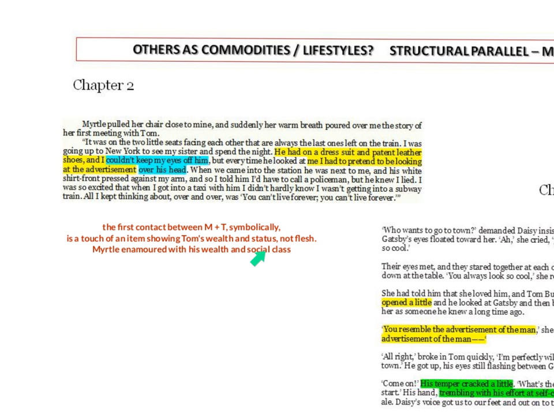The reason why we've highlighted the stuff in blue here, I couldn't keep my eyes off him, and the advertisement over his head, we're looking at the idea of social mobility here.